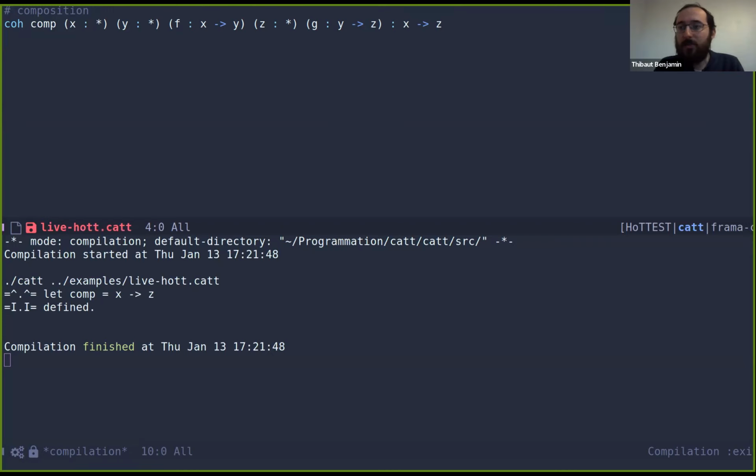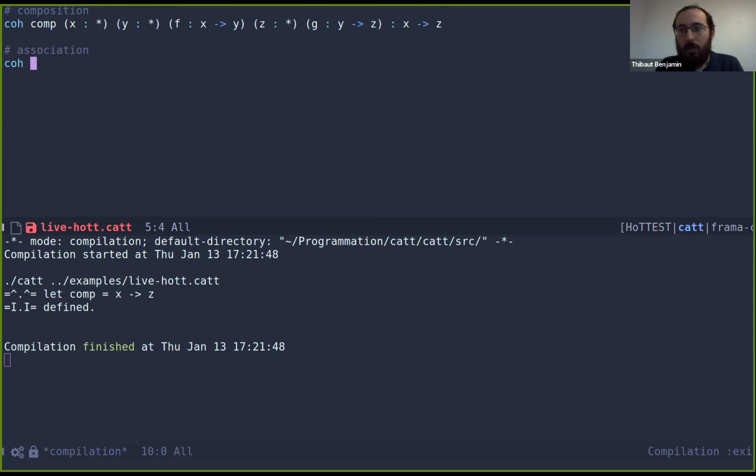So this is the illustration of the first rule. I give you a pasting scheme, and I give you a way to compose them, and it produces a term that realizes this composition. Now I can illustrate the second rule, which was: I give you a pasting scheme and two different ways to compose it, and it produces a cell relating these two different ways.